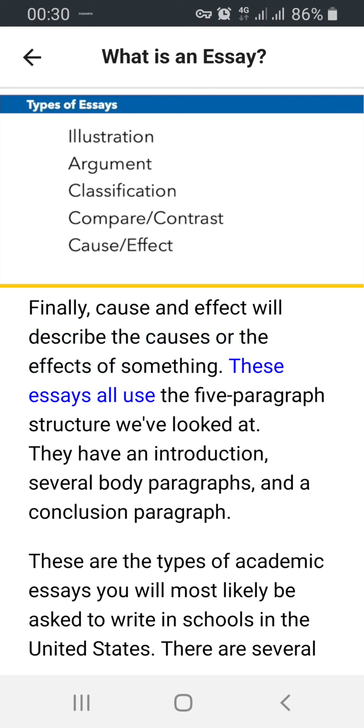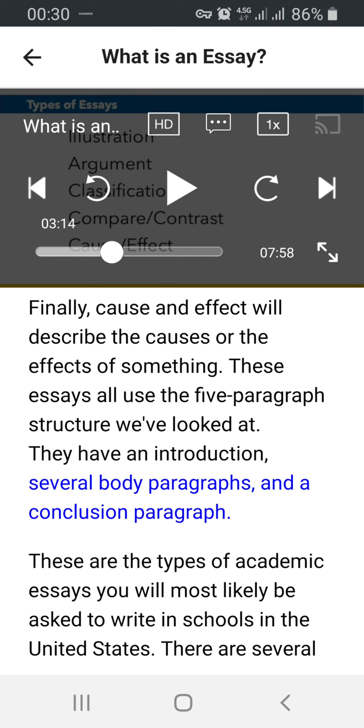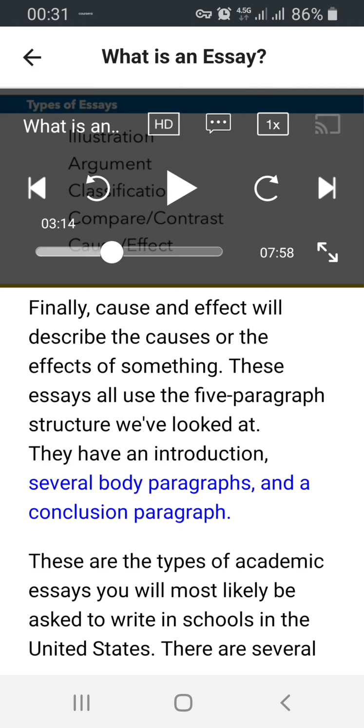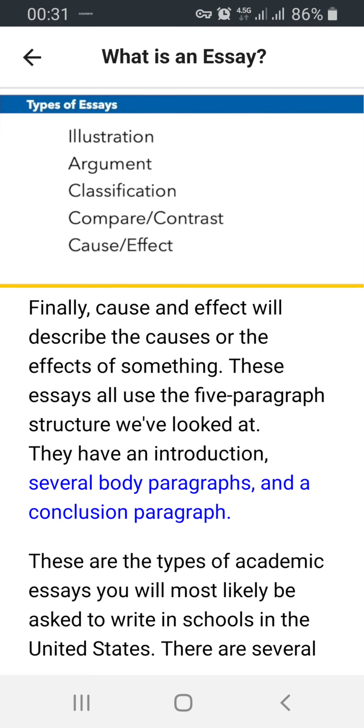These essays all use the 5-paragraph structure we've looked at. They have an introduction, several body paragraphs and a conclusion paragraph.